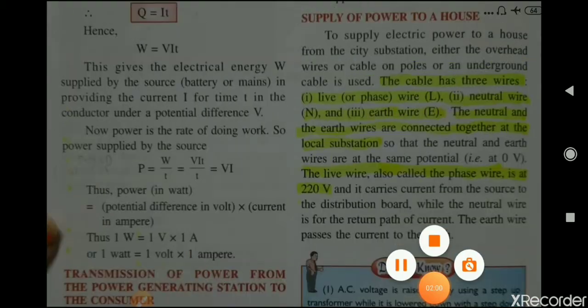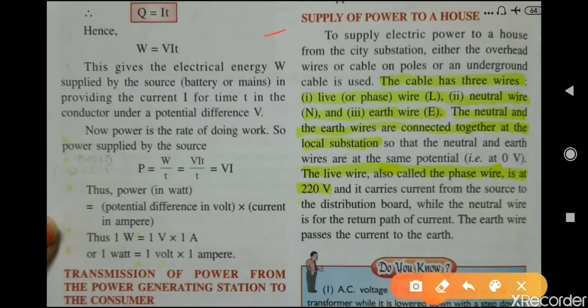Now supply of power to a house. To supply electric power to a house from the city substation, either the overhead wires or cables on poles or an underground cable is used. As you all have seen, the cable has three wires: live wire, neutral wire, and earth wire.